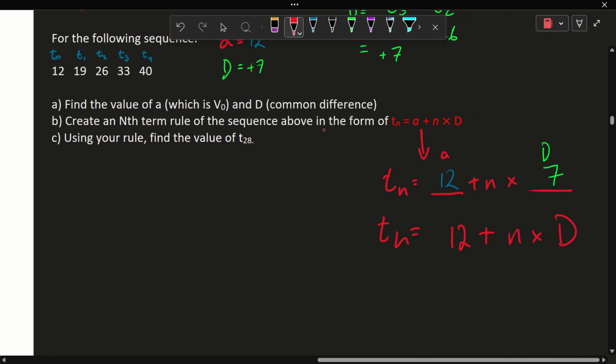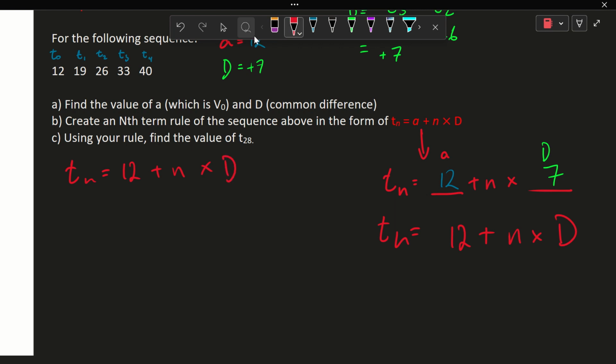And then for question C, it says, using your rule, find the value of term number 28. So term 28. So what you have to do is, using that rule that you just made, you need to find T28. So in order to write that, you're just going to go literally, I rewrite the rule. So it looks like this. Tn equals 12 plus n times 7. You're correct.